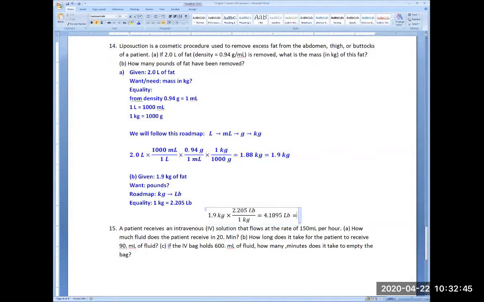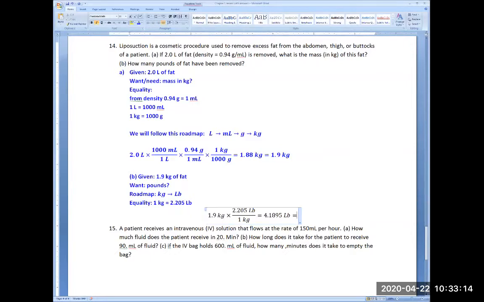Now you need to round this properly. And so you look at your given measurement. 1.9 has 2 sig figs. 1 kilogram equals 2.205 pound. It's an equality, and so the 1 kilogram is exact. You took 1 kilogram exactly, and then the 2.205 pound was measured.